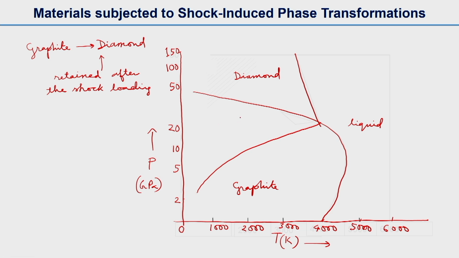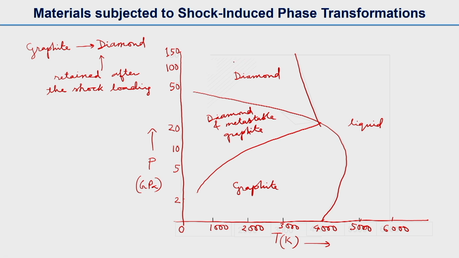In between diamond and graphite, diamond and metastable graphite stay.